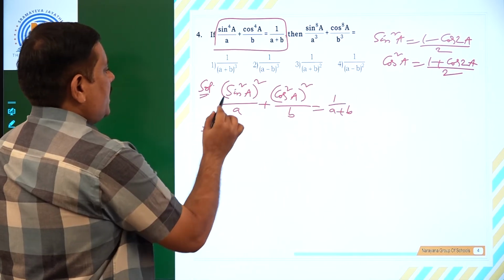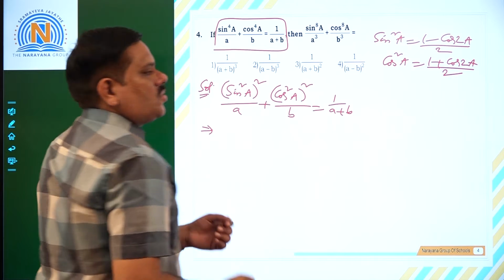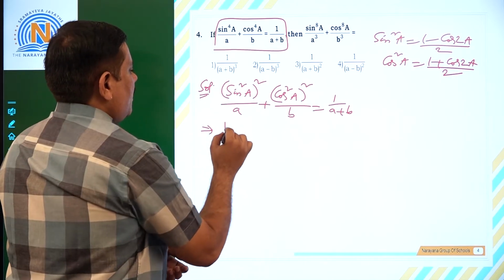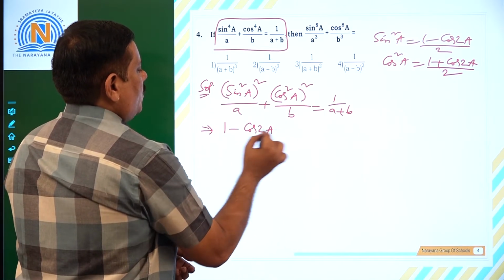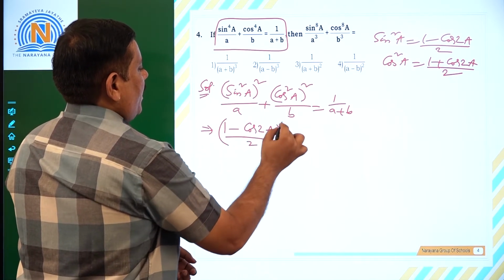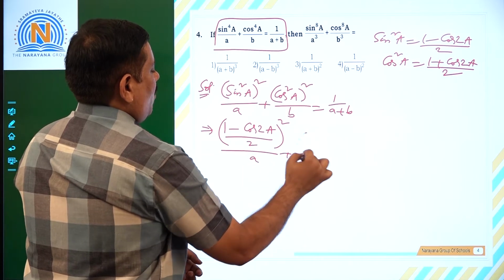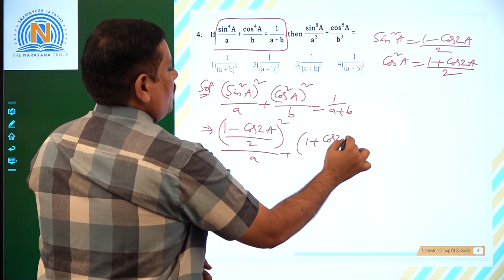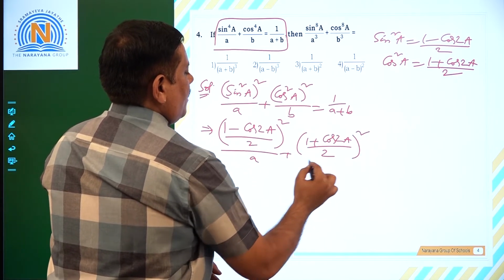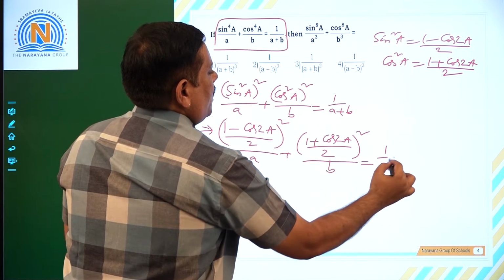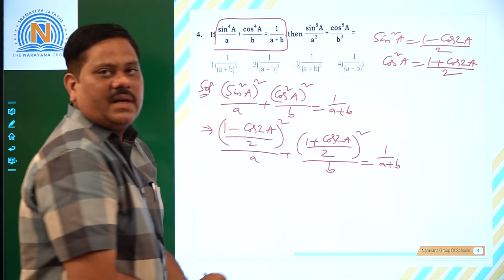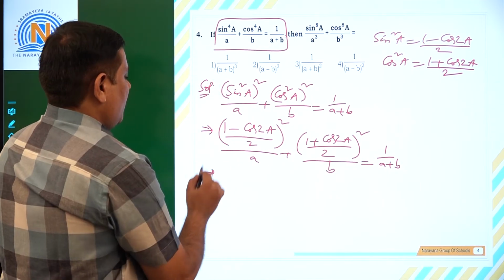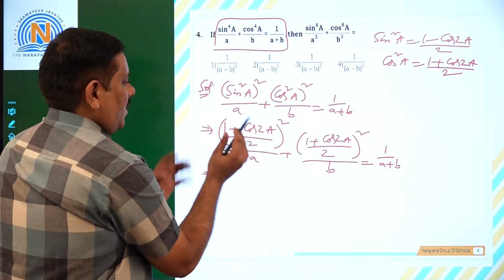That implies sin square a, as I told you, 1 minus cos 2a by 2 we can write in place of that. That is 1 minus cos 2a by 2 whole square by a plus 1 plus cos 2a by 2 whole square by b, that is going to be 1 by a plus b. That is the second step. That implies we can expand.